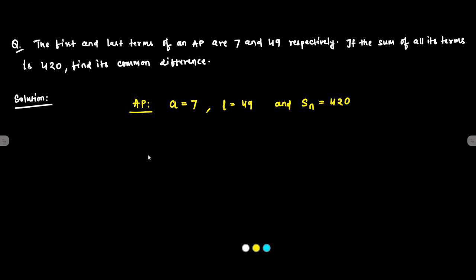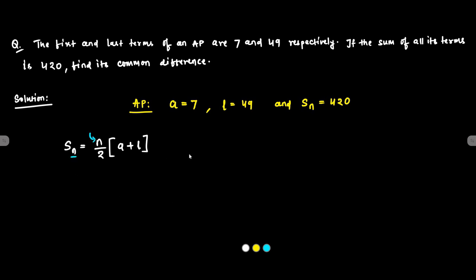Now we have a formula which involves these parameters. The sum of n terms is expressed as n by 2 into a plus l, where a is the first term and l is the last term. Here this formula is applicable because the information is available with us: first term, last term, and the sum. First we have to find out the value of n because that is unknown.